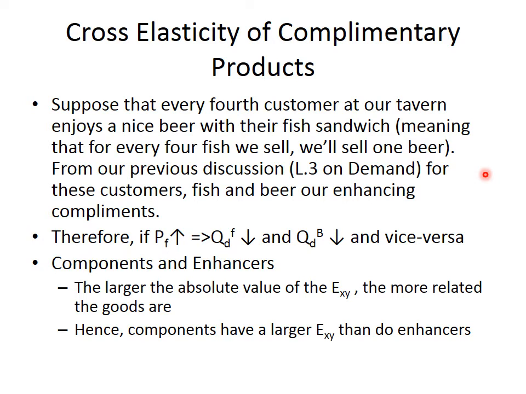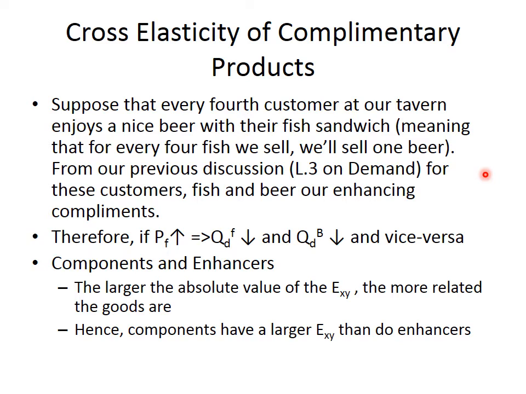Okay, so let's just suppose that for every fourth fish sandwich we sell a beer. Now, what does this mean for complements? Well, exactly what I said in the last slide. If the price of our fish sandwich goes up, the quantity demanded for our fish sandwich is going to go down. That's consistent with the law of demand.